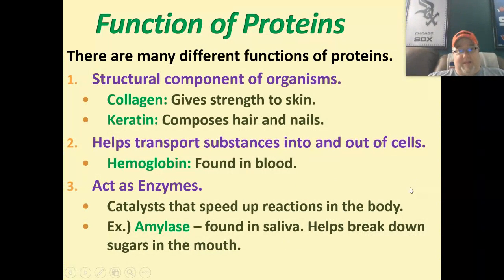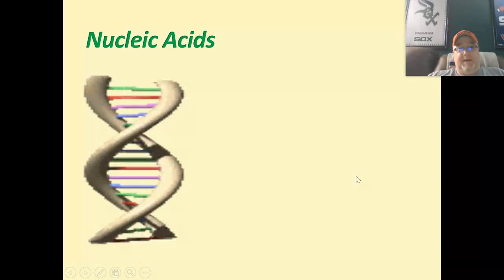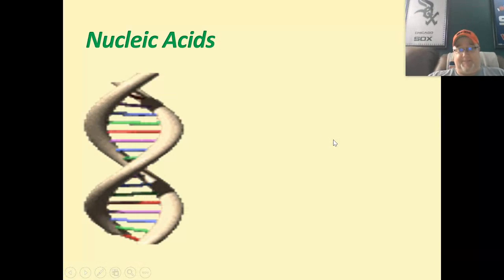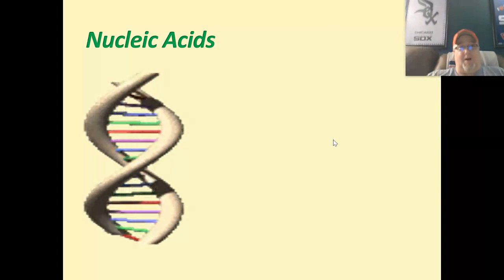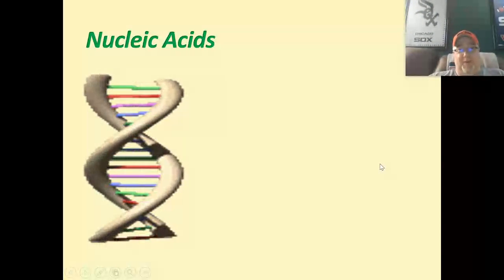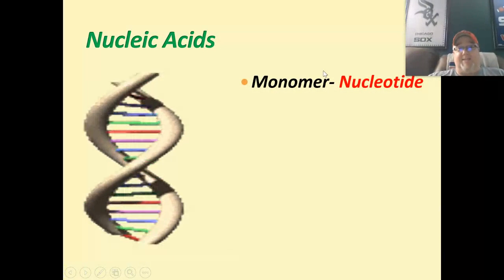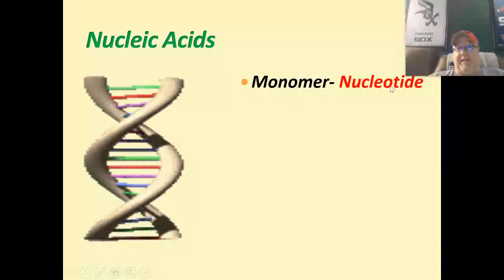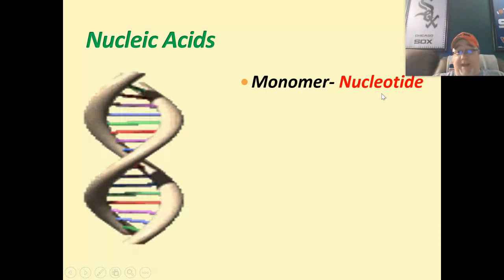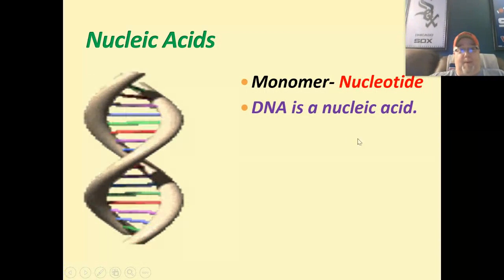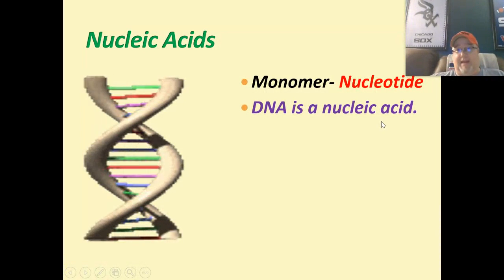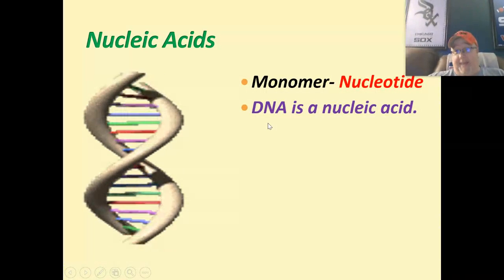All right, the last thing here today is nucleic acids. I'm going to make this one really brief because we're going to talk so much about it in a couple of weeks. Nucleic acids, the monomer is called a nucleotide. Just remember the name right now. There's not really much more I'm going to talk about with it. But probably the most common nucleic acid is DNA, right?